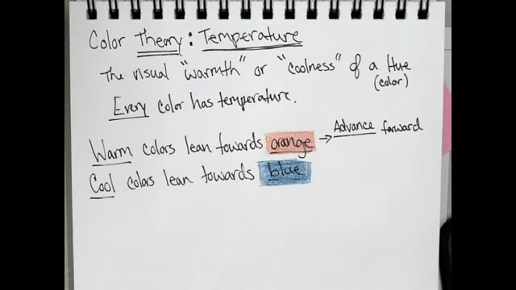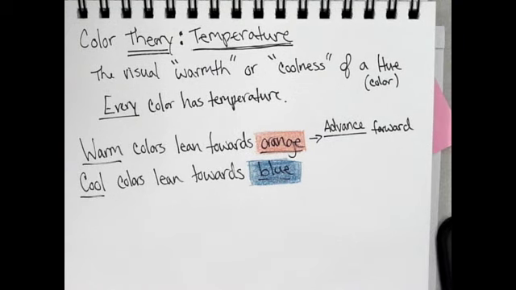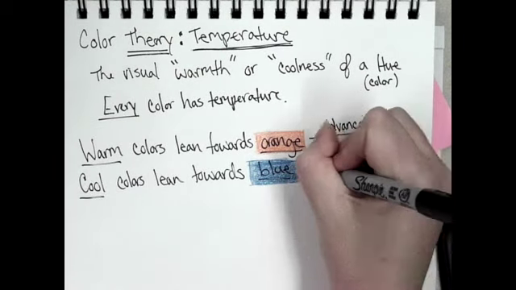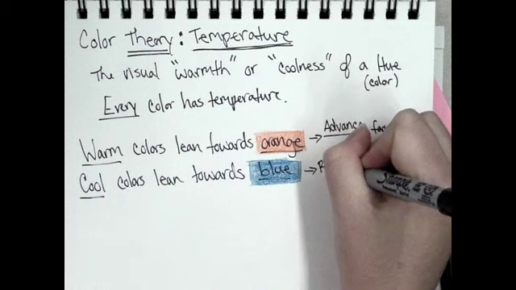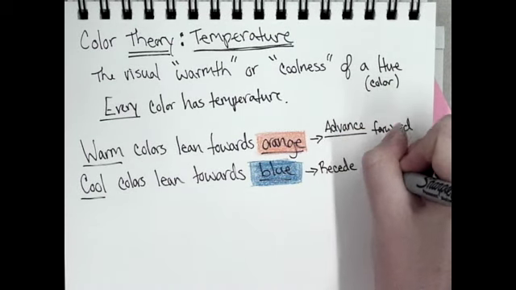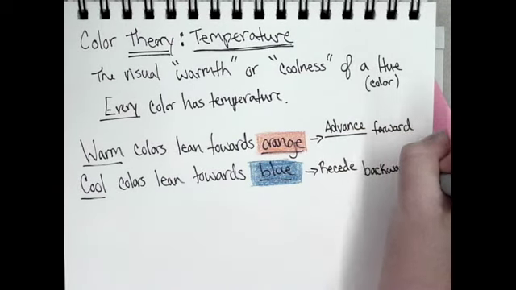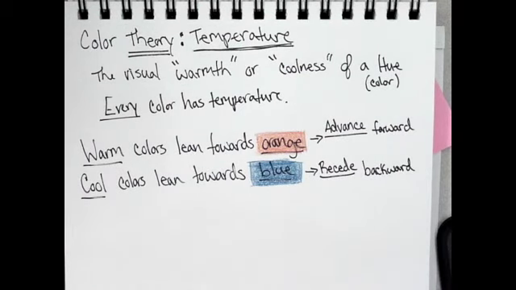Warmer colors tend to pop out forward towards our eyes. Cool colors tend to recede backward. Cool colors tend to fall backwards into space.